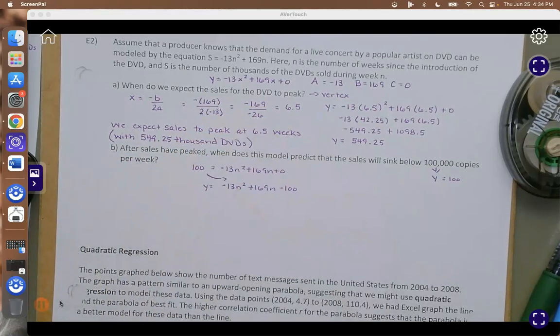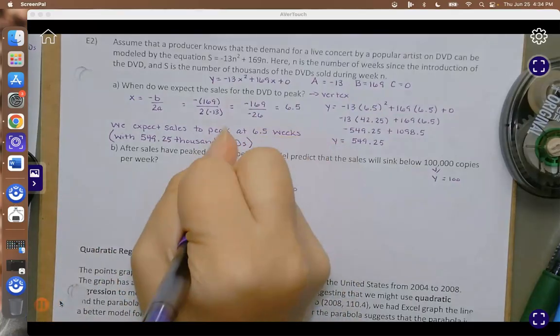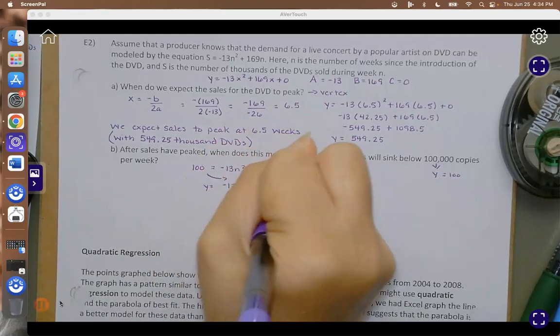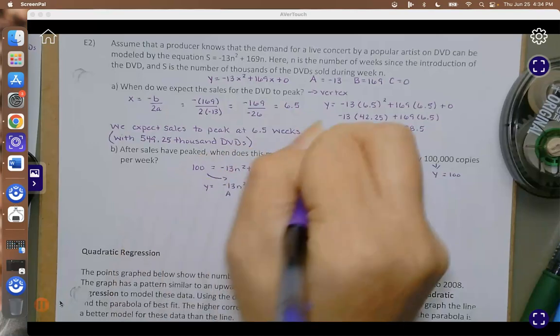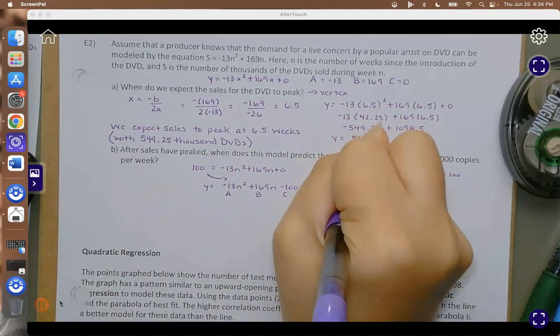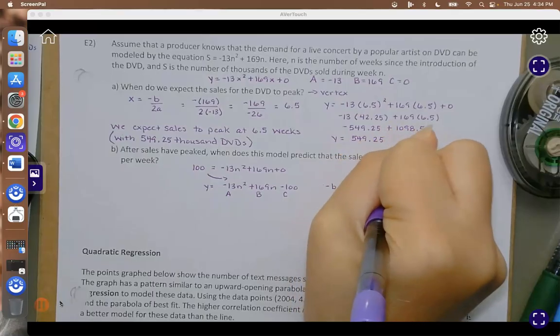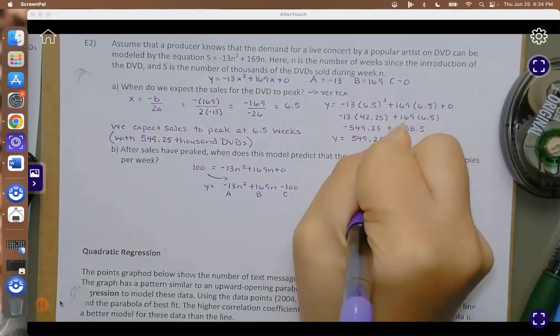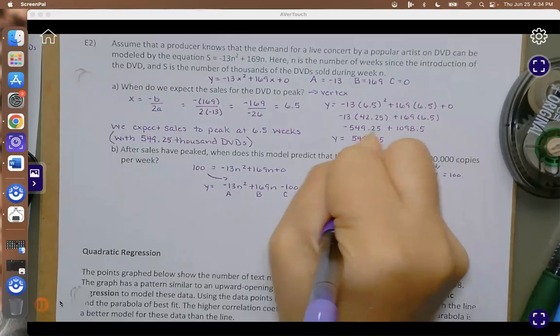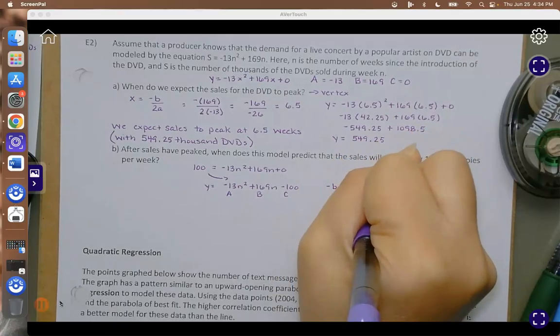All right, so now we're going to plug in this for A, this for B, this for C. Remember our formula. The opposite of B plus or minus the square root of B squared minus 4AC over 2A.